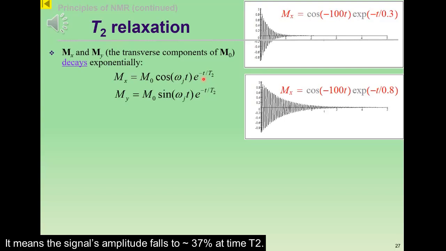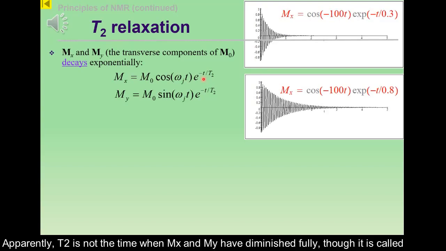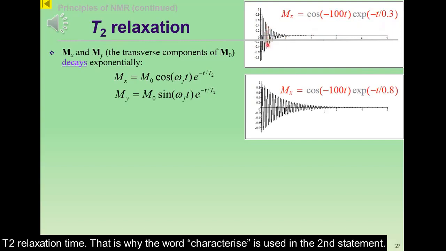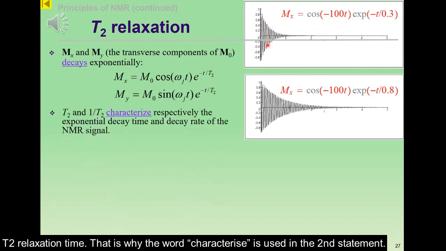It means that the signal's amplitude falls to approximately 37% at time T2. Apparently, T2 is not the time when Mx and My have diminished fully, though it is called T2 relaxation time. That is why the word characterize is used in the second statement.